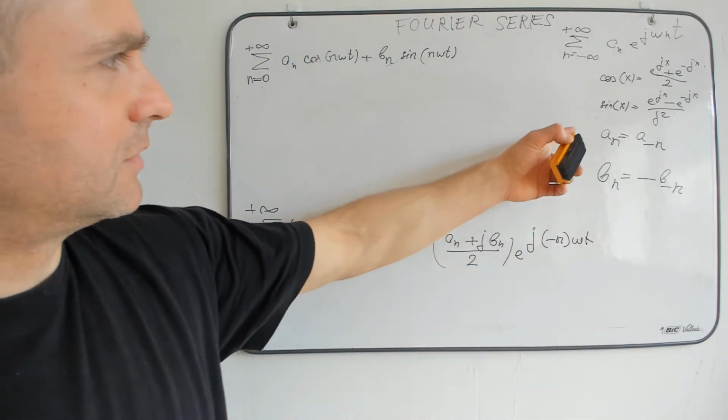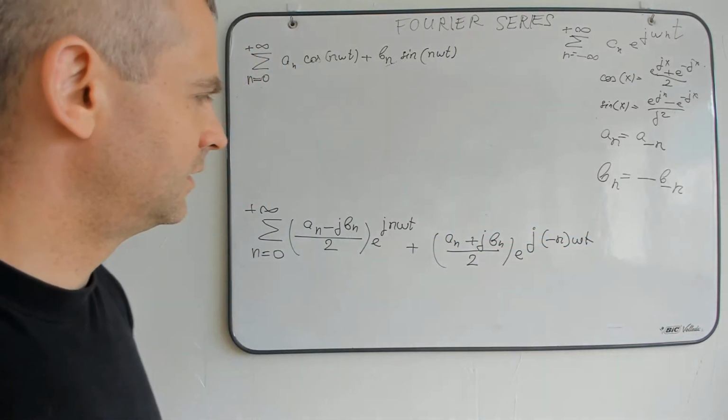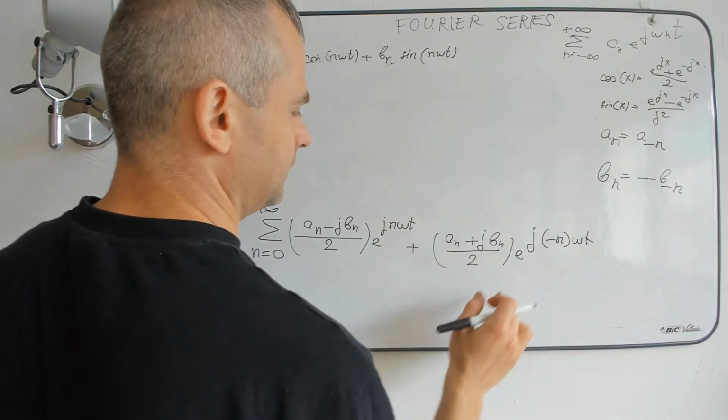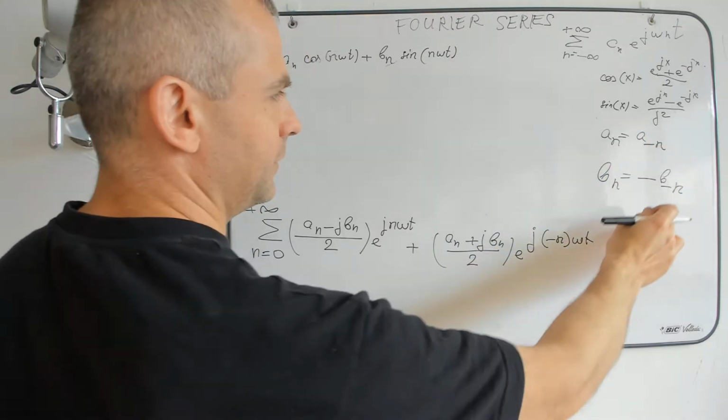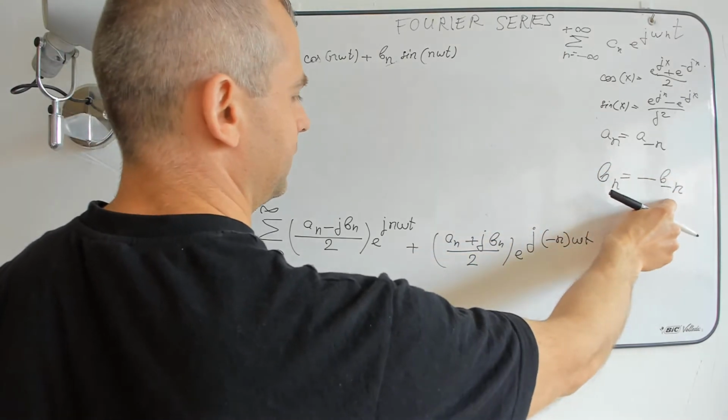So now, taking into consideration both expressions, I will replace an and bn by the result which we have here.